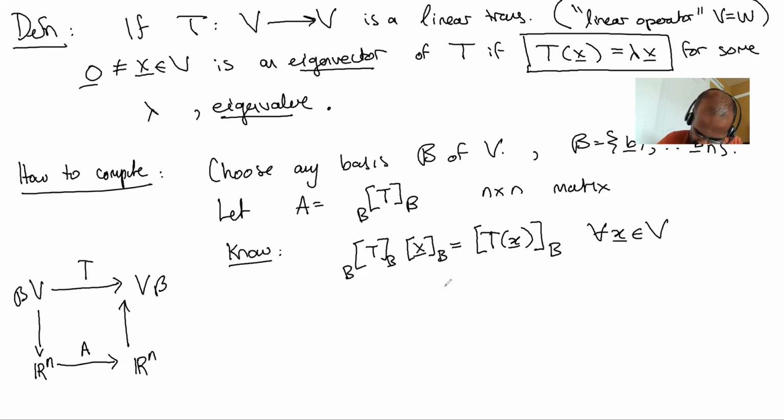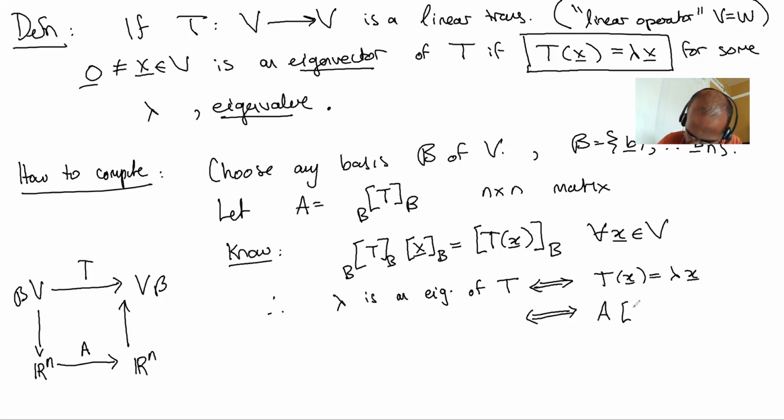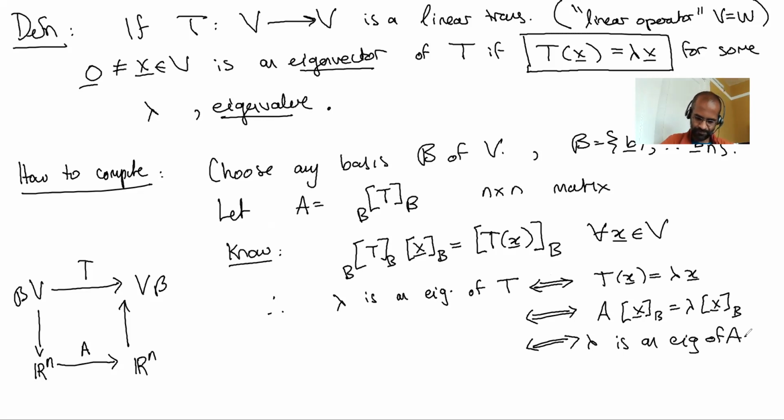But now the point is, this means that lambda is an eigenvalue of T if and only if Tx equals lambda x, if and only if A times the coordinate vector of x equals lambda times the coordinate vector of x, which is if and only if lambda is an eigenvalue of A. So once you have a basis, you can turn eigenvalue problems for linear transformations into eigenvalue problems for matrices.